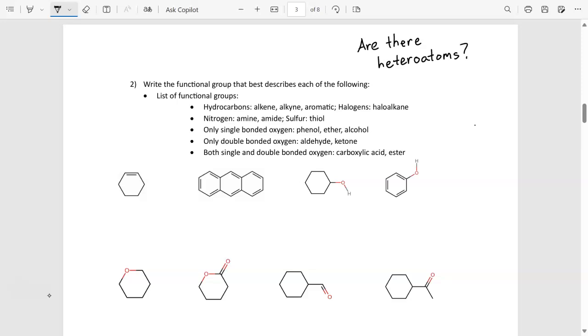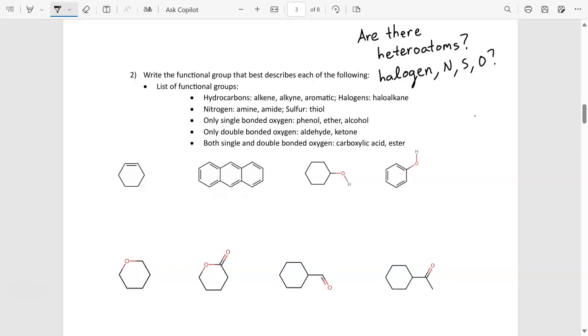And I like to ask in the order of halogen, and then nitrogen, sulfur, and last I check the oxygens. So if there aren't any heteroatoms, then we know we're dealing with the hydrocarbons. That's your alkenes, alkynes, and aromatics. Okay, and then we look to see if we have the halogen, nitrogen, sulfur, and oxygen in that order.